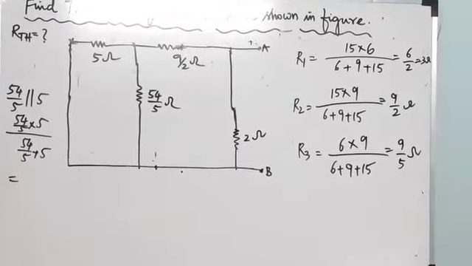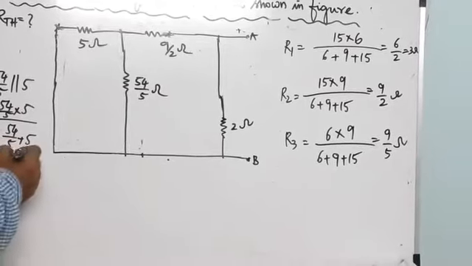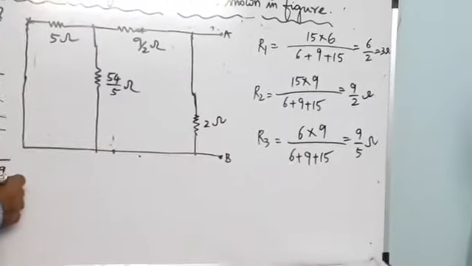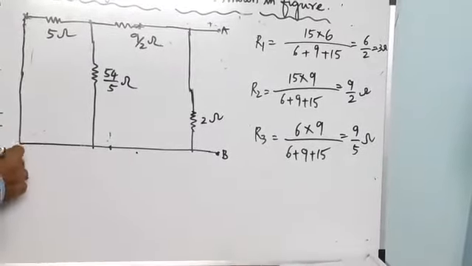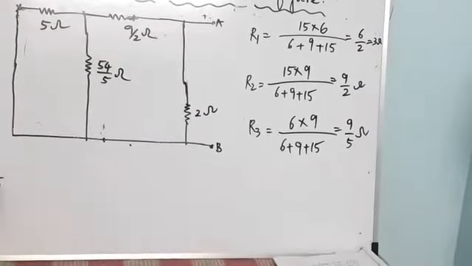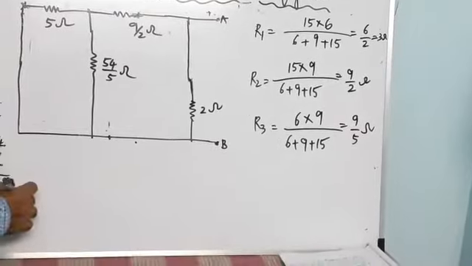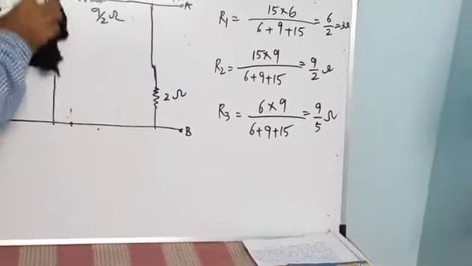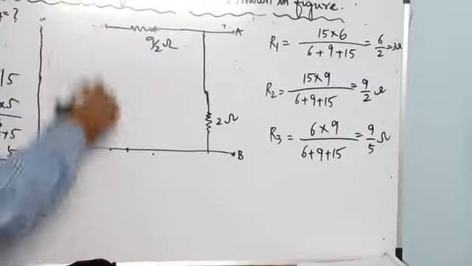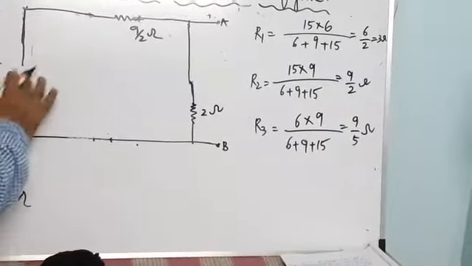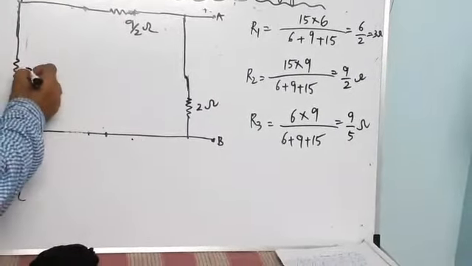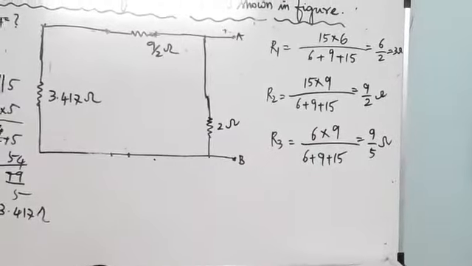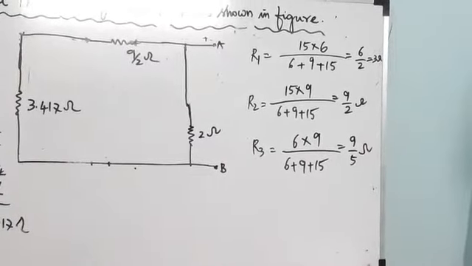This value becomes 3.417 ohms. So I will write the equivalent value directly here: the parallel equivalent is 3.417 ohms.